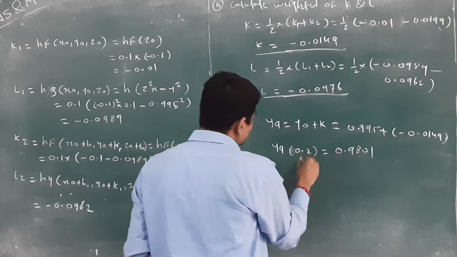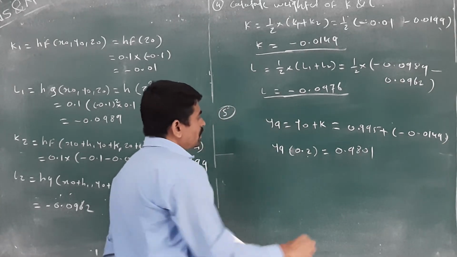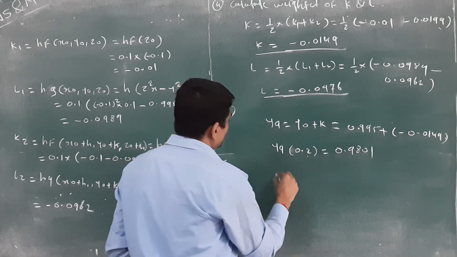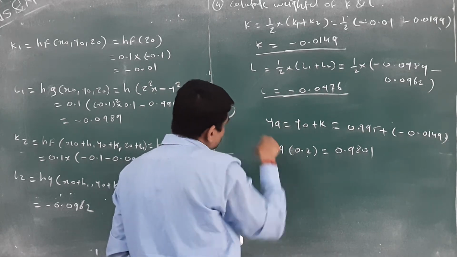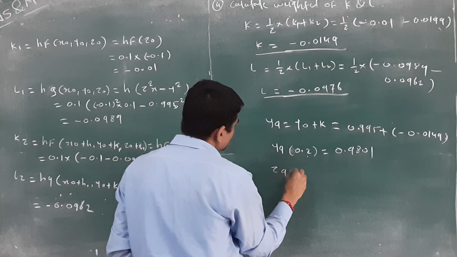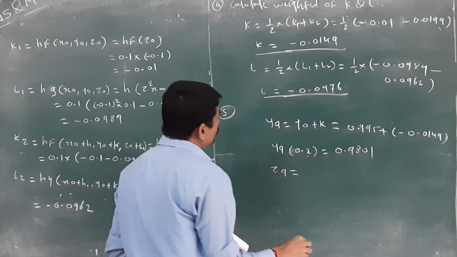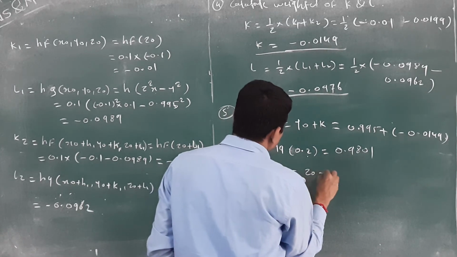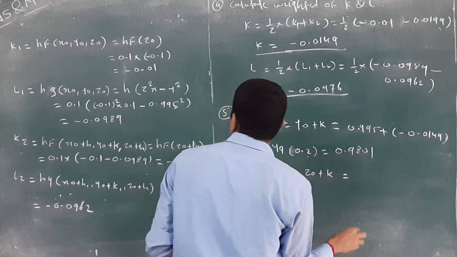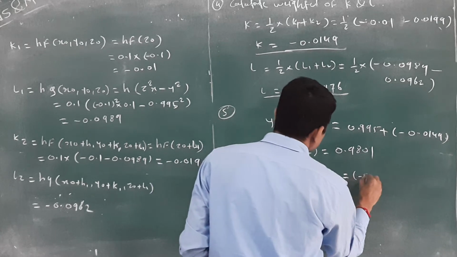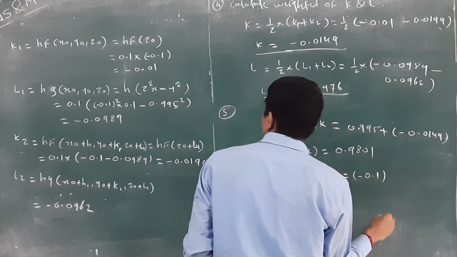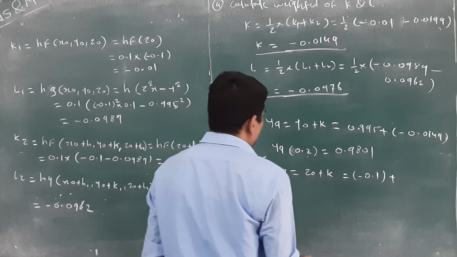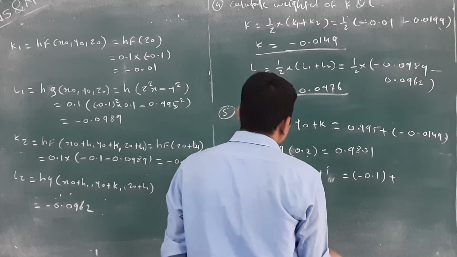Okay, if x is given 0.2, then what is the yg value? 0.9801. And what is this zg value? Zg is equal to, again, z0 plus L. What is the value of z0? Minus 0.1. We have seen already. Plus what is the value of L, not k?